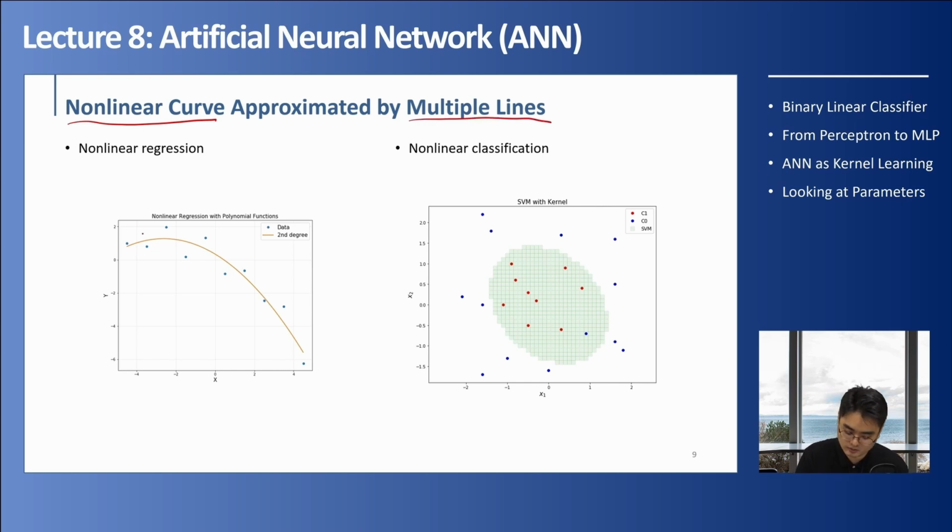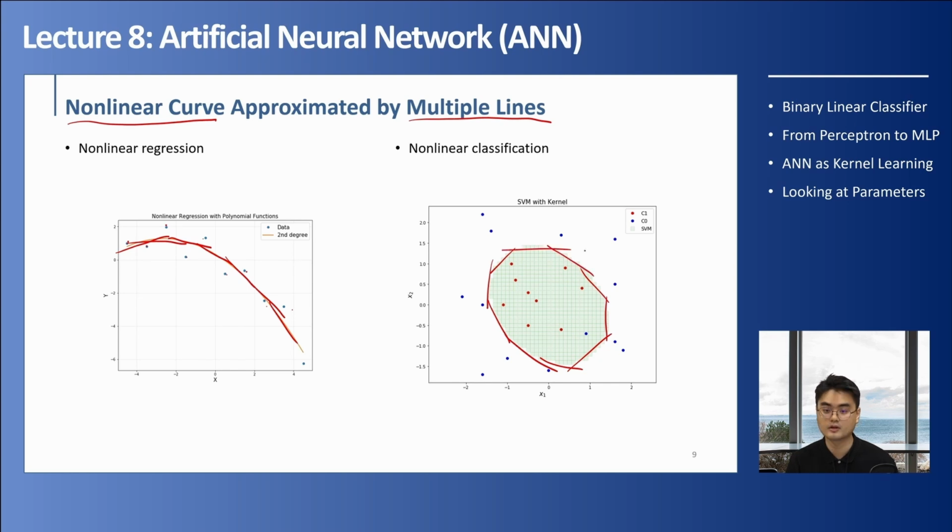So for example, if we have these data and we're doing some regression, we want to achieve this nice curve, and we can think of this as some kind of a composition of multiple linear lines. And also here, for example, if we're doing classification, we can see that we are going to need some nonlinear classification boundary that could be expressed with multiple lines like this one.